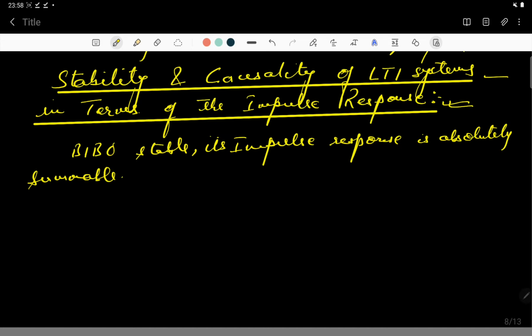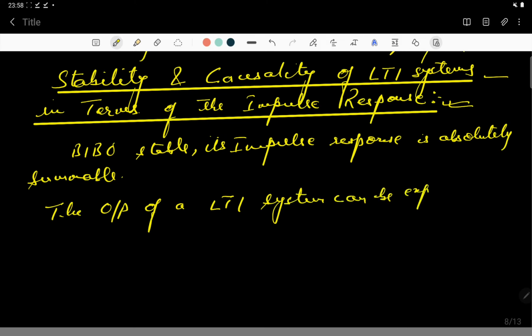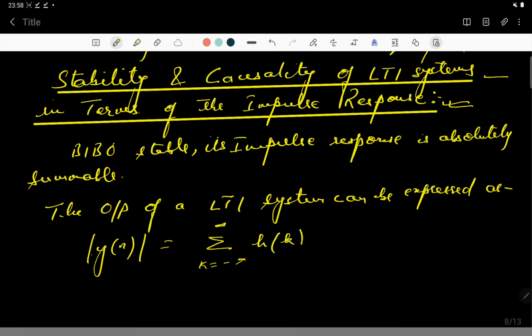The output of an LTI system can be expressed as y[n] equals summation of k equals minus infinity to infinity h[k] x[n minus k].